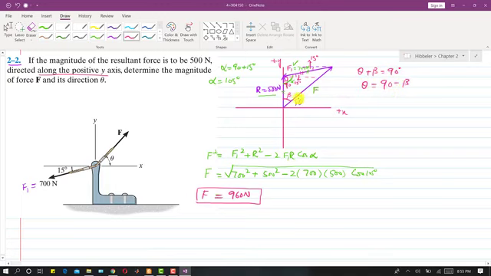Now we will apply sine law in order to find this beta. So sine of beta divided by the magnitude of the opposite side, that is F1, will be equal to sine of alpha divided by the magnitude of the opposite side, that is F.